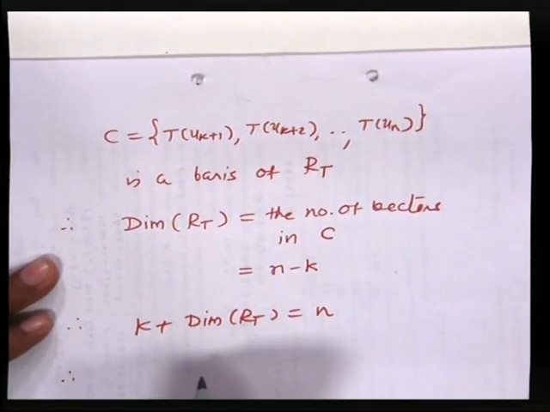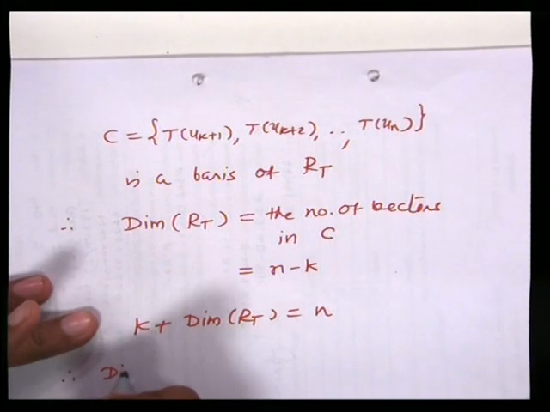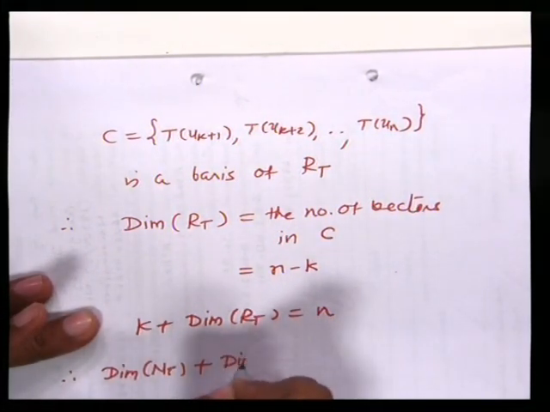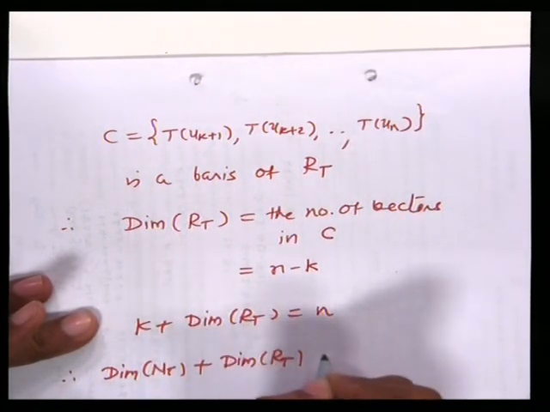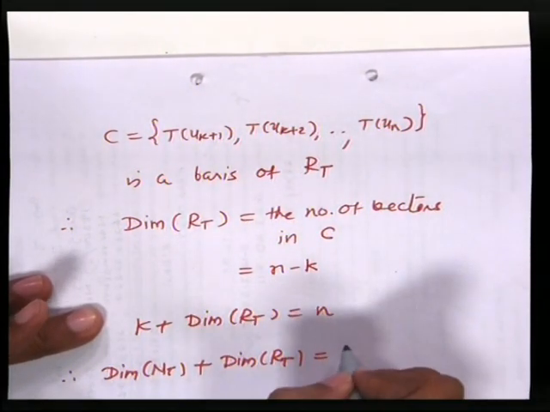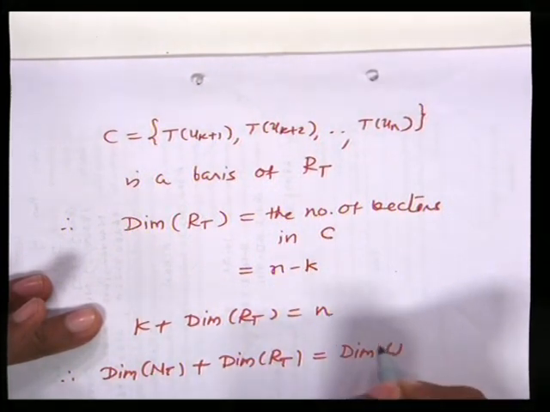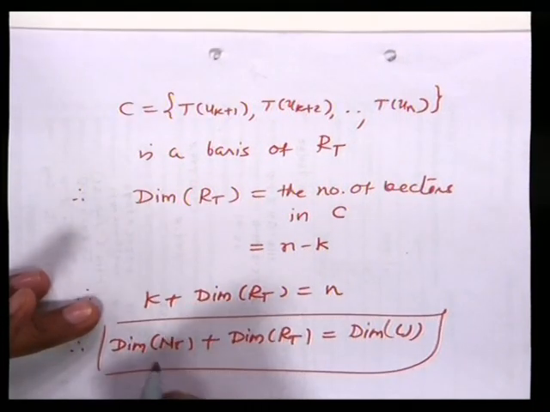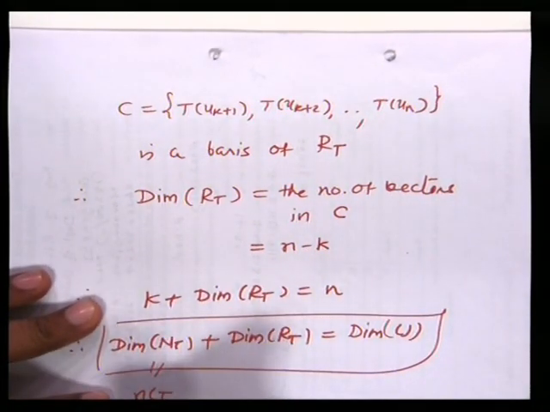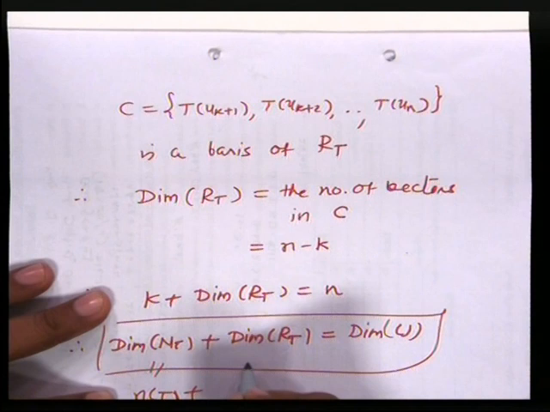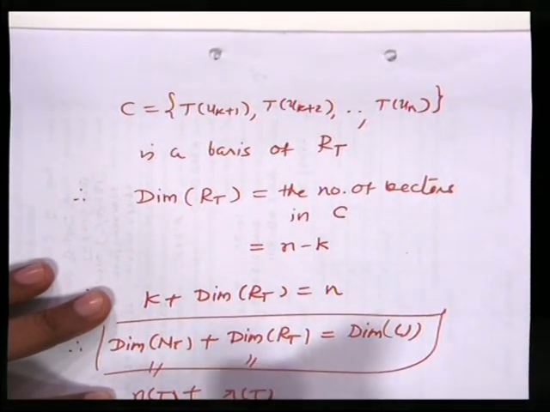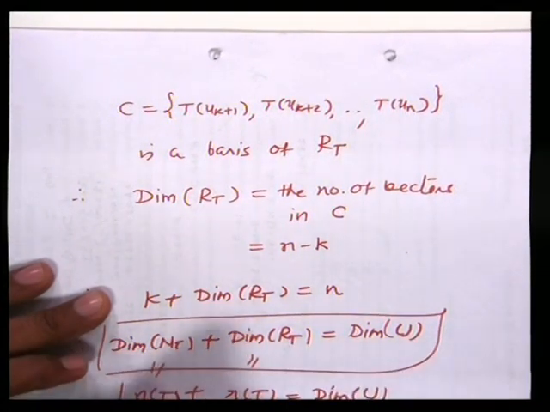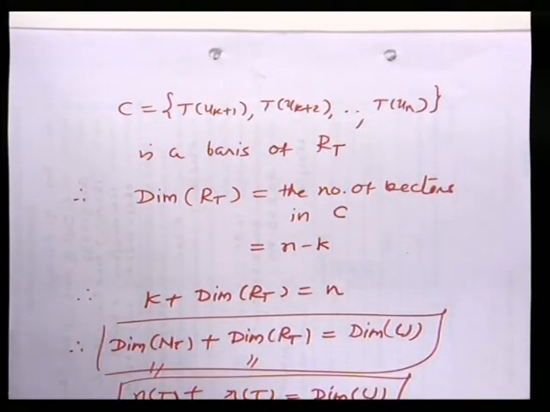Now what is k? K is our dimension of NT, plus dimension of RT, and what is n? N is dimension of U. So this proves the rank nullity theorem. We can write this as n of T plus r of T is equal to dimension of U. So rank nullity theorem is proved here.